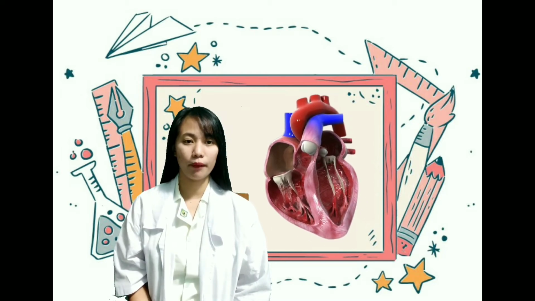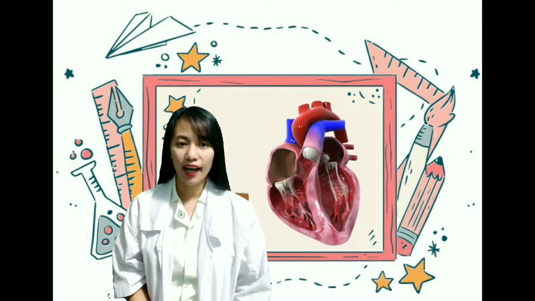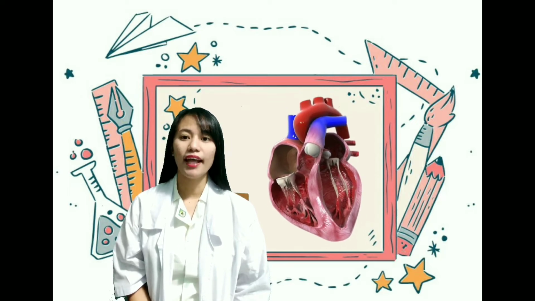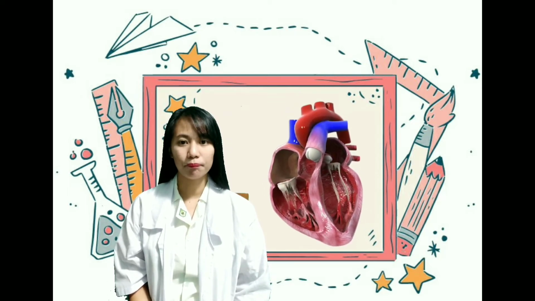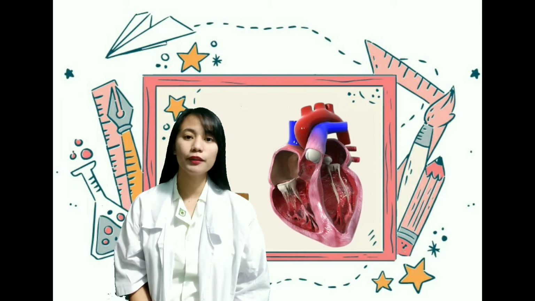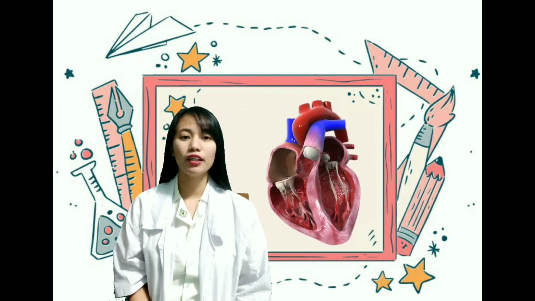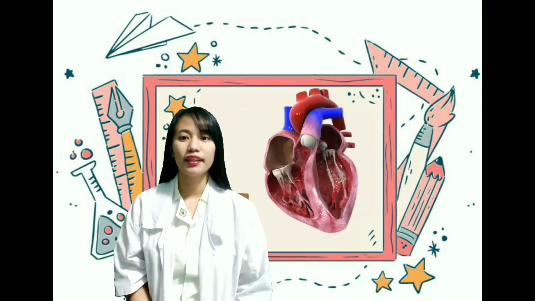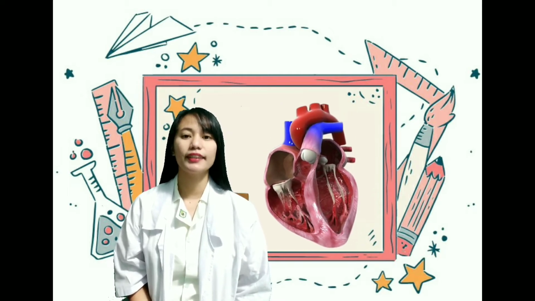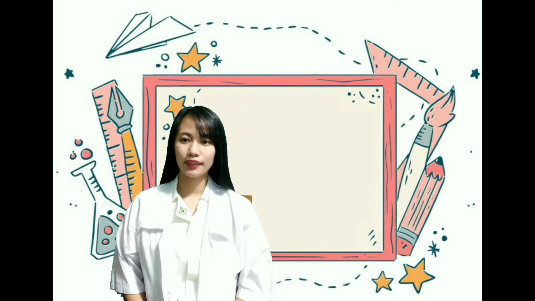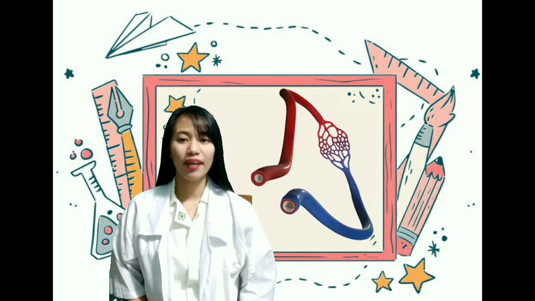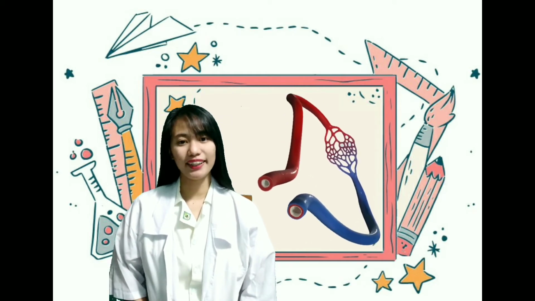It has 4 chambers, which are the right and left atrium and right and left ventricle, as well as 4 valves, namely tricuspid valve, pulmonary valve, mitral valve, and aortic valve that keep the flow of the blood precise in its direction. Second, blood vessels flow blood throughout the body.